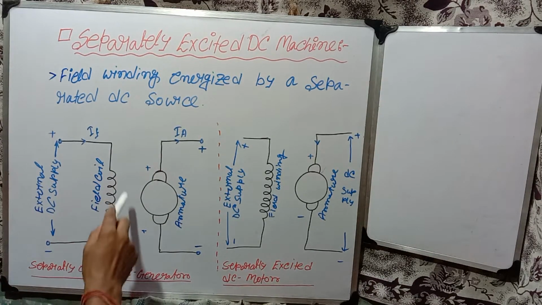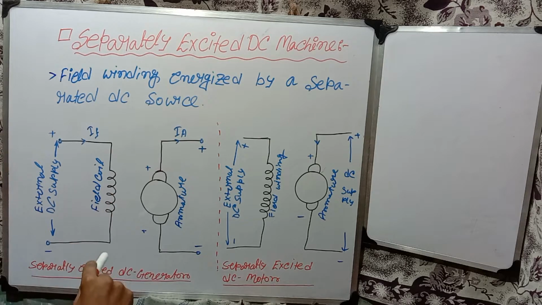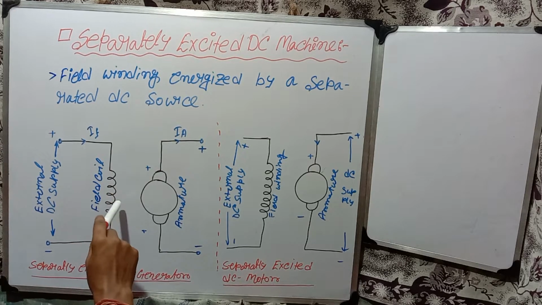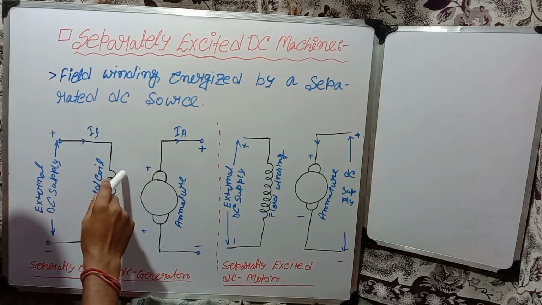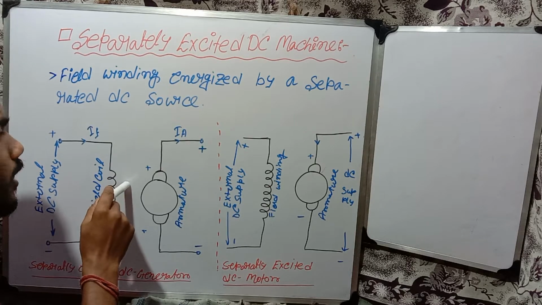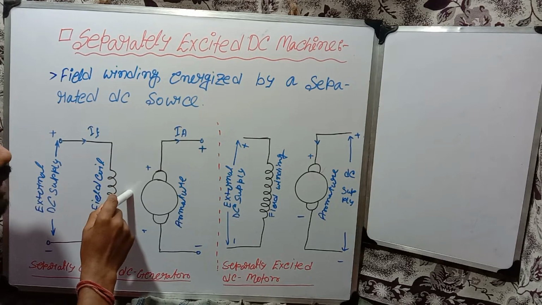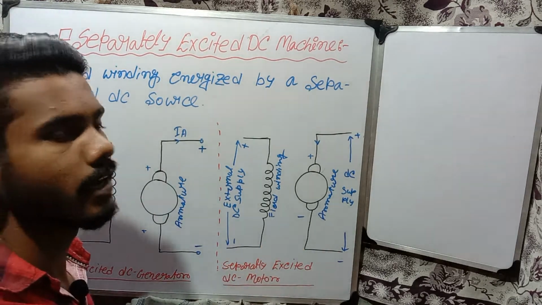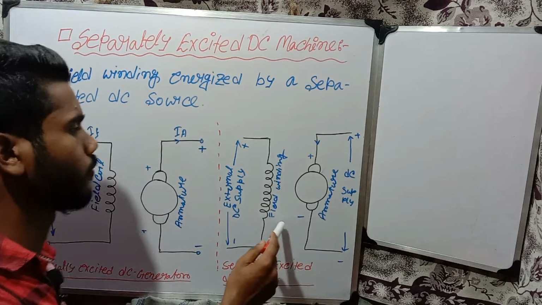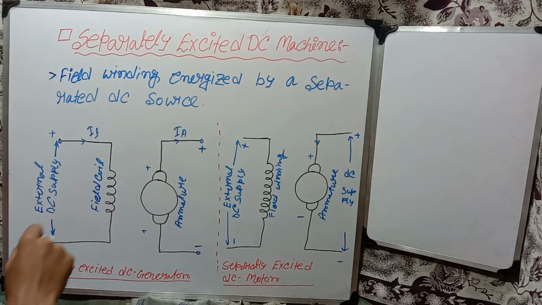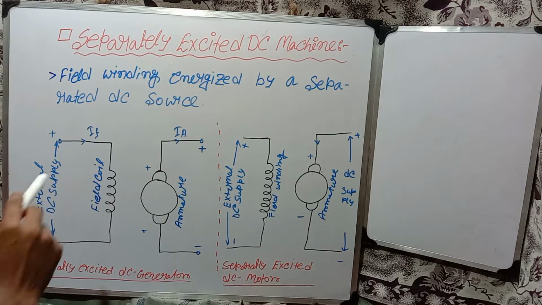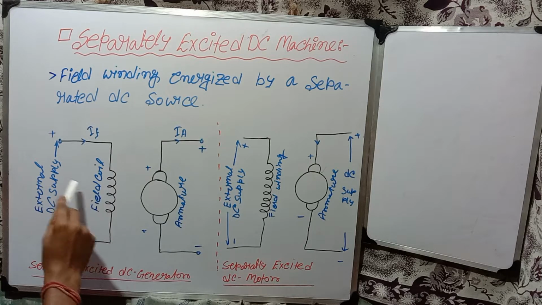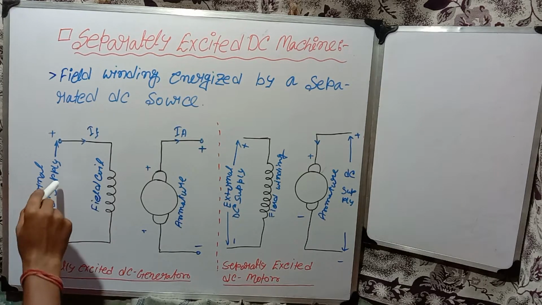So here we can see this is the separately excited DC generator diagram and this is a separately excited DC motor diagram. From this diagram we can see the field winding is energized by a separate DC source.